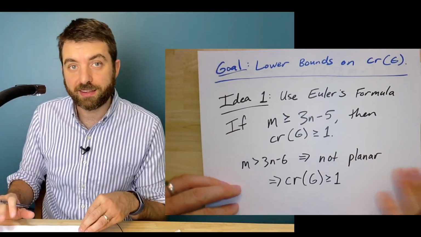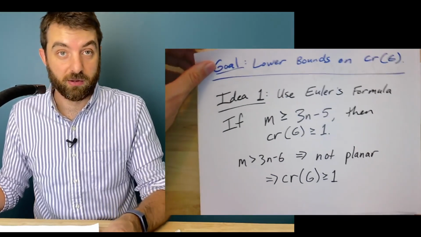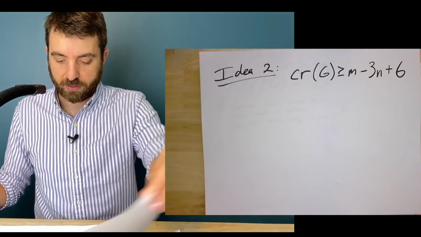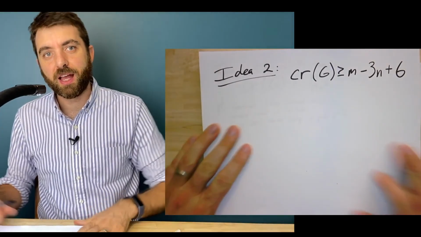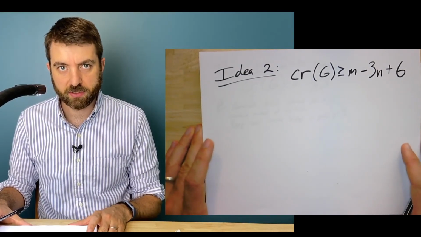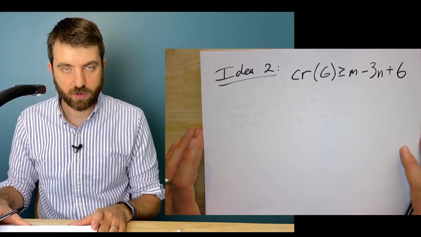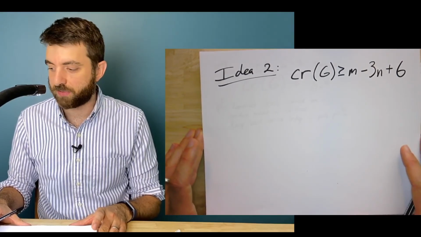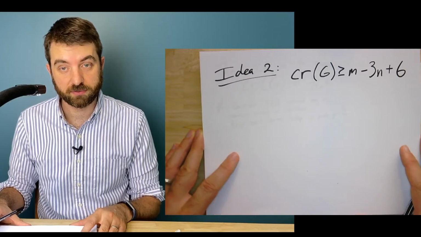And it holds within it the seed of a slightly better bound. Because actually, after you've added 3n minus 6 edges, you know that every new edge is going to have to introduce a crossing.